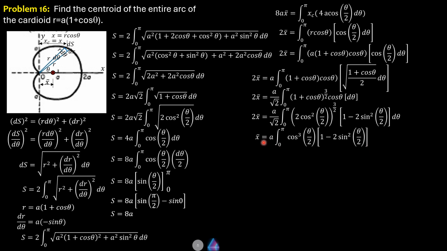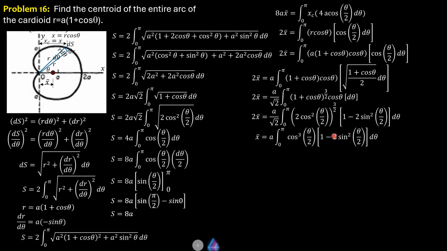So again, bar x equals a integral 0 to pi cosine cube theta over 2 quantity 1 minus 2 sine square theta over 2 d theta. Then this cosine cube theta over 2 is broken down into cosine square theta over 2 times cosine theta over 2. And we note that cosine square theta over 2 is 1 minus sine square theta over 2 as an identity.